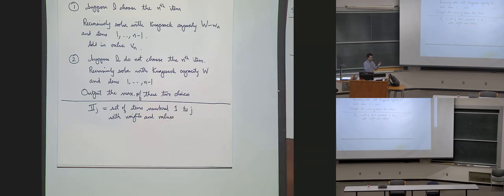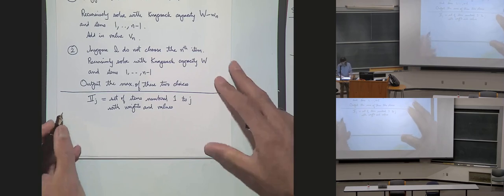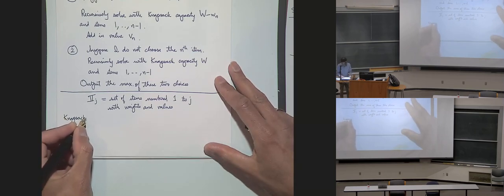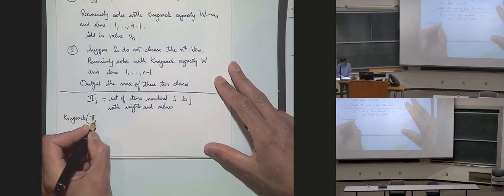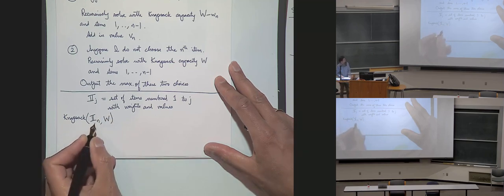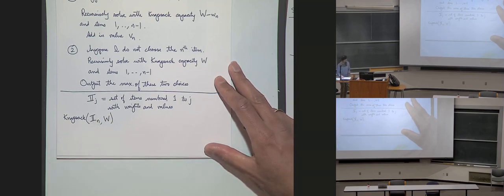I'm just saying bold I_j is that set. So suppose I want to solve knapsack, in this case something like I, n, W. So this is saying the n items, this is the knapsack weight.